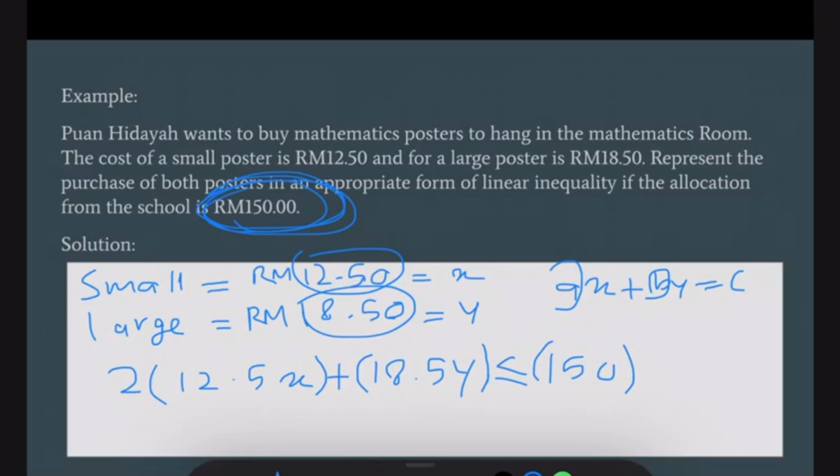The value that we got is 25x plus 37y is less than or equal to 300 ringgit. So this is the answer for the linear inequality for this question.